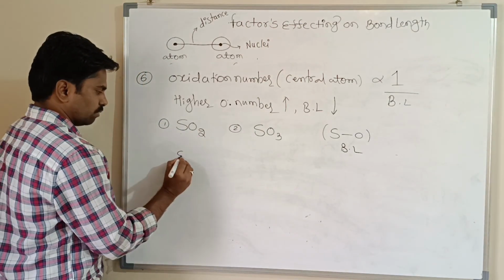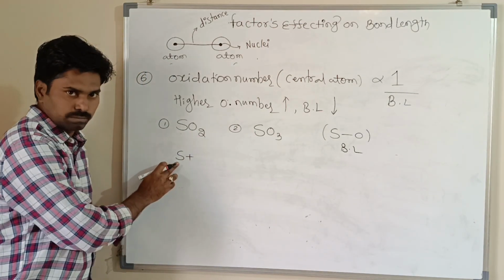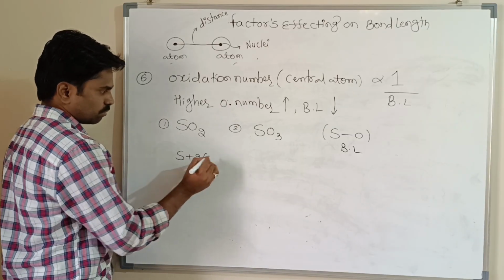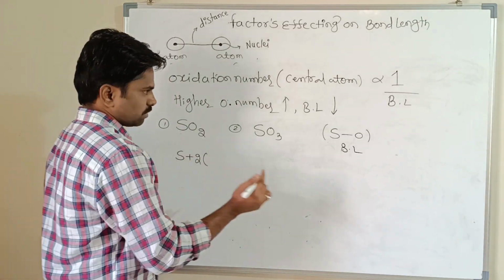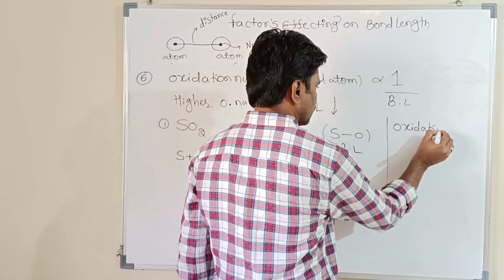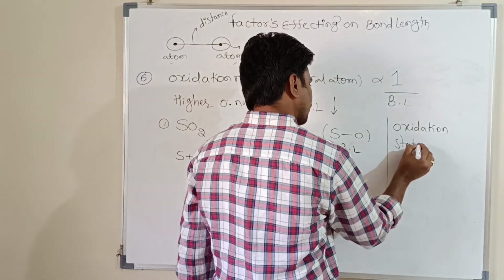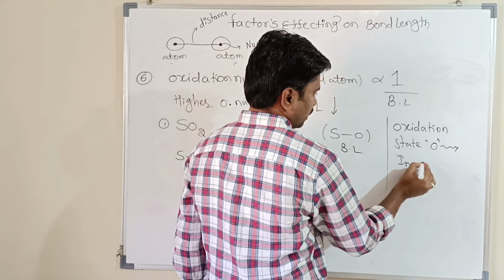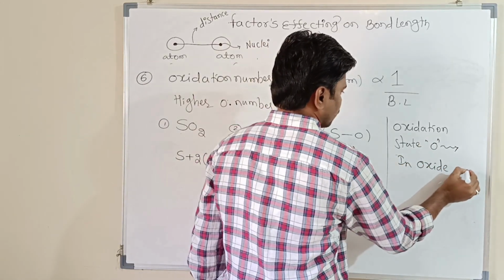So how do we find out? We know very well sulfur is the central atom, and there is oxygen. How many are there? 2. What about the oxidation state? Here I mentioned the oxidation state of oxygen in oxide is -2.